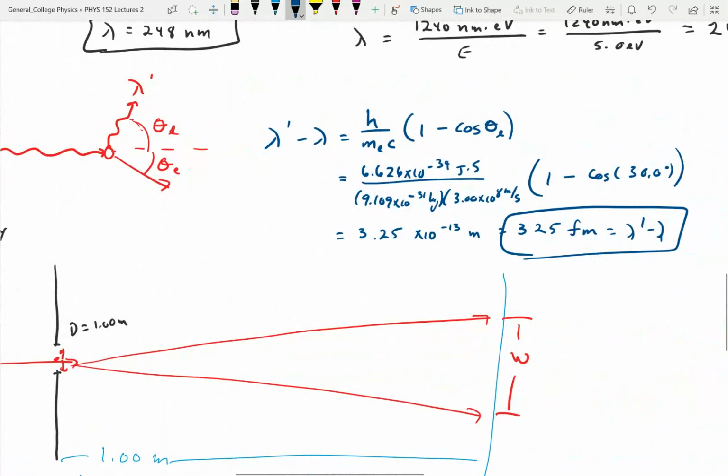Now looking at my picture, I have the momentum in this direction, that's Py, and I have my uncertainty in momentum, my delta Px, in this direction, so I can calculate this angle from the right triangle.